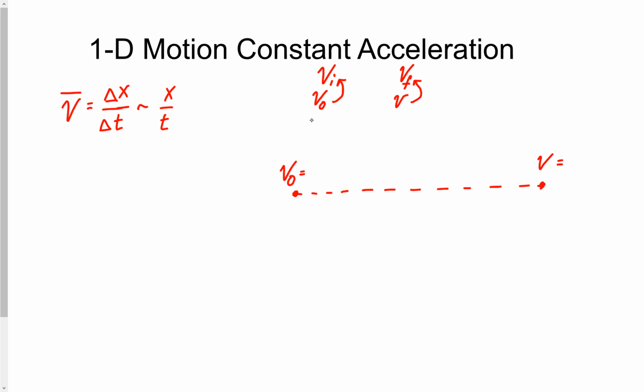Some teachers might use v and v prime. If your teacher does, just the v is your velocity initial and v prime is your velocity final. I say that because you might come across someone using something completely different. So anyway, let's take a look.